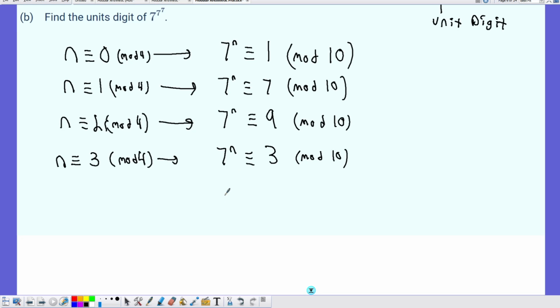Well, for instance, if we continue to take 7 to the 4th power, that becomes 2,401, which is equivalent to 1 mod 10.